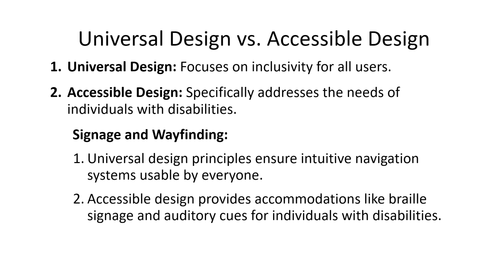Now, what is the difference between universal and accessible design? Universal design usually focuses, as we have gone through, on inclusivity for all users, whereas accessible design specifically addresses the needs of individuals with disabilities.